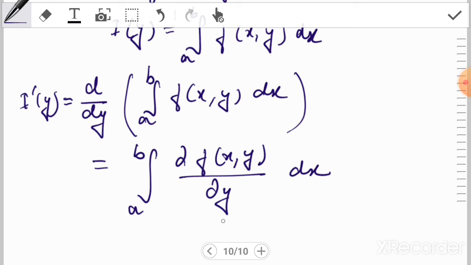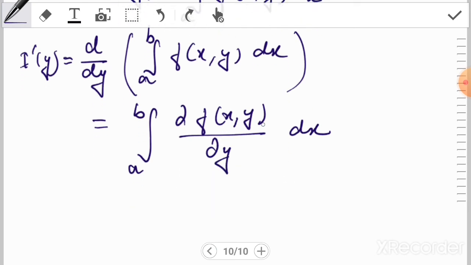This stands for the partial derivative of f(x, y) with respect to y, that is, the derivative of f(x, y) with respect to y treating x as a constant.